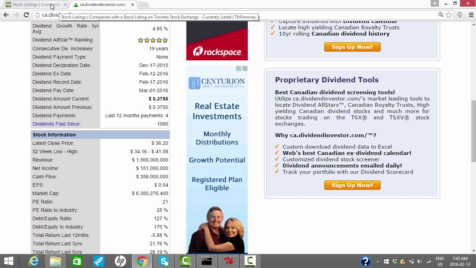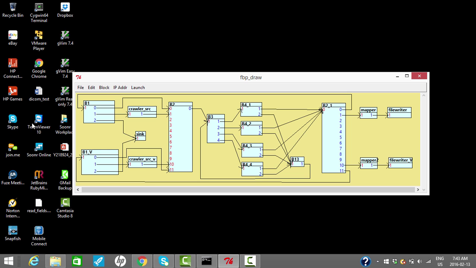So in the Toronto Stock Exchange, actually there are two exchanges, the Toronto Stock Exchange and the Toronto Venture. So Toronto Stock Exchange will be handled by B1, and Toronto Venture will be handled by B1V, or Vancouver, right? Toronto Stock Exchange Venture is really the symbols listed in the Vancouver Exchange.